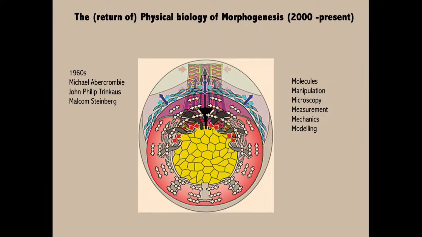But I think the resurgence of the physical biology of morphogenesis has been largely due to our ability to visualize, manipulate and measure not just what cells and molecules are doing, but also what sorts of forces cells exert on their neighborhood, and what sort of forces they experience.